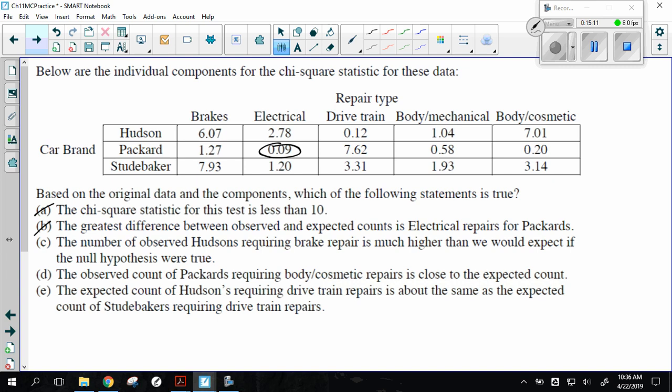The number of observed Hudsons requiring brake repairs is much higher than we would expect if the null hypothesis were true. Observed Hudsons requiring brakes, okay. Observed minus expected is much higher than we would expect if the null hypothesis were true.